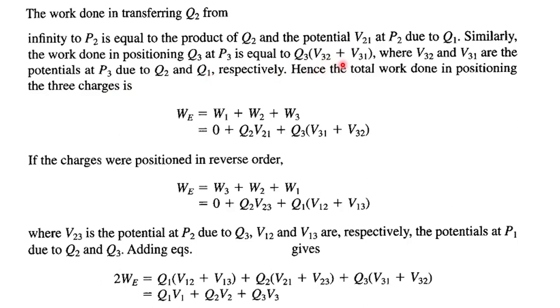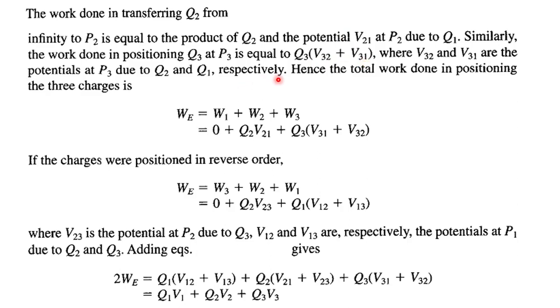So we are going to write the potential equations due to Q2 and Q1 at point 3. This equation you can consider as the product of Q and potential, so it is Q into V.